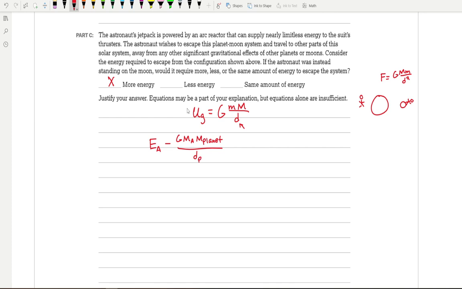So we're going to have to take that away in order to actually have enough energy to move out away. But we're also going to have to worry about the gravitational potential energy of the mass of the astronaut and the mass of the moon as well.